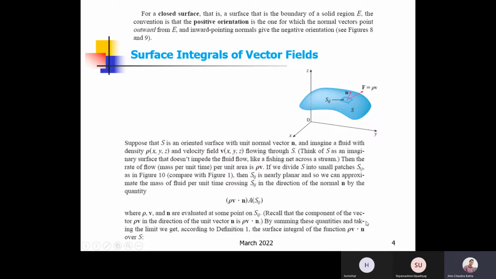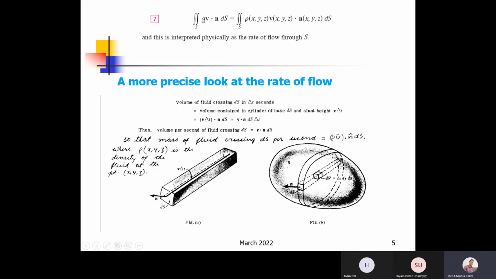By summing these quantities and taking the limit, we get, according to definition 1 that I had already done for surface integral, that rho v dot N, which you can consider a scalar function of variables x, y, z over S, is simply given by this. So this is what I told you.